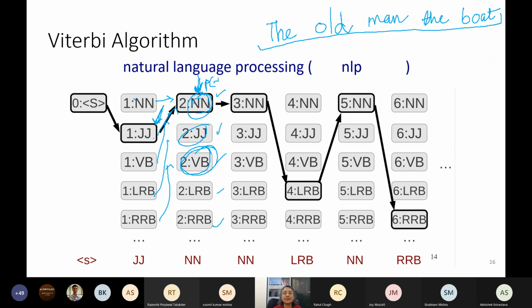Globally, after we have seen this is the end of the sentence. Now tell me what is the most likely tag of "the"?